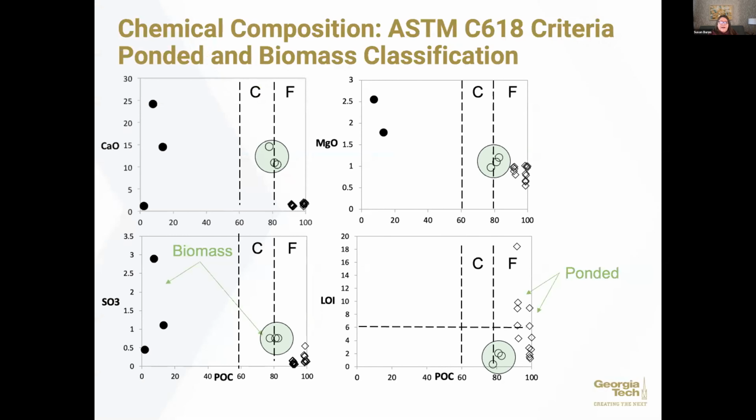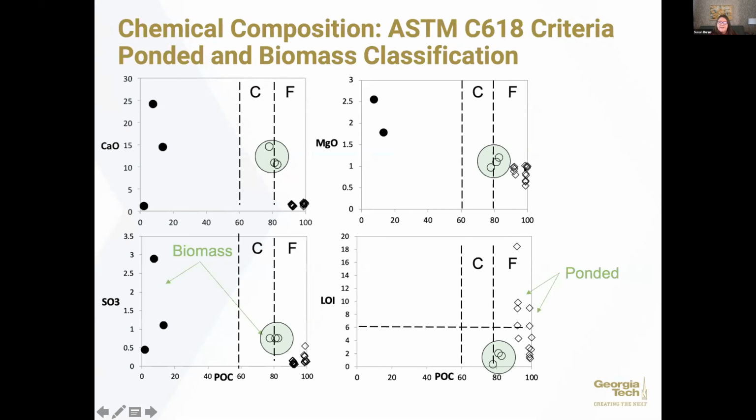When we're looking at ash, you'll also see that we're always going to come down and classify them according to class C or to class F ash. And what I've shown you here now are the results of our biomass ash and our ponded ash compared to some other pieces of data that we have, or some other sorting that we have as well. So the ponded ashes that we have tested, you can see generally are classifying as class Fs.